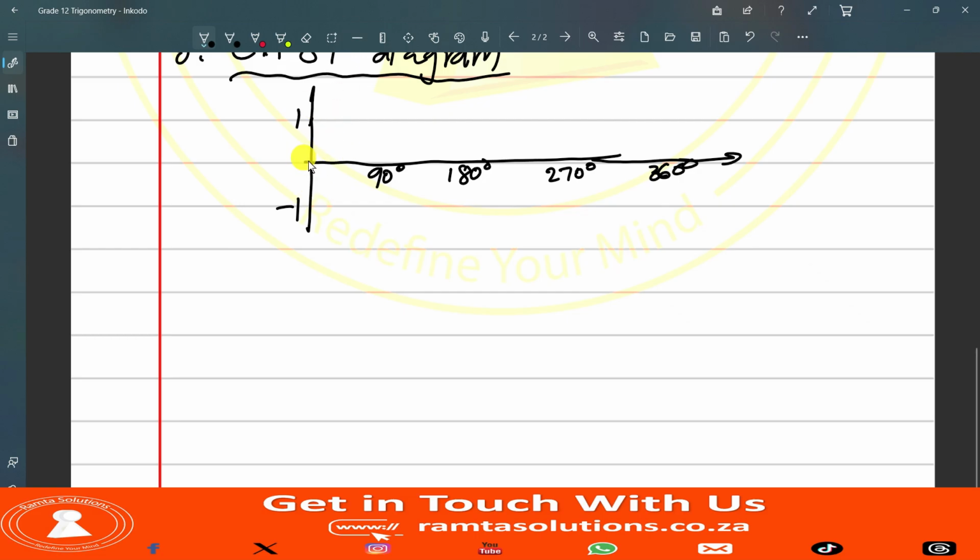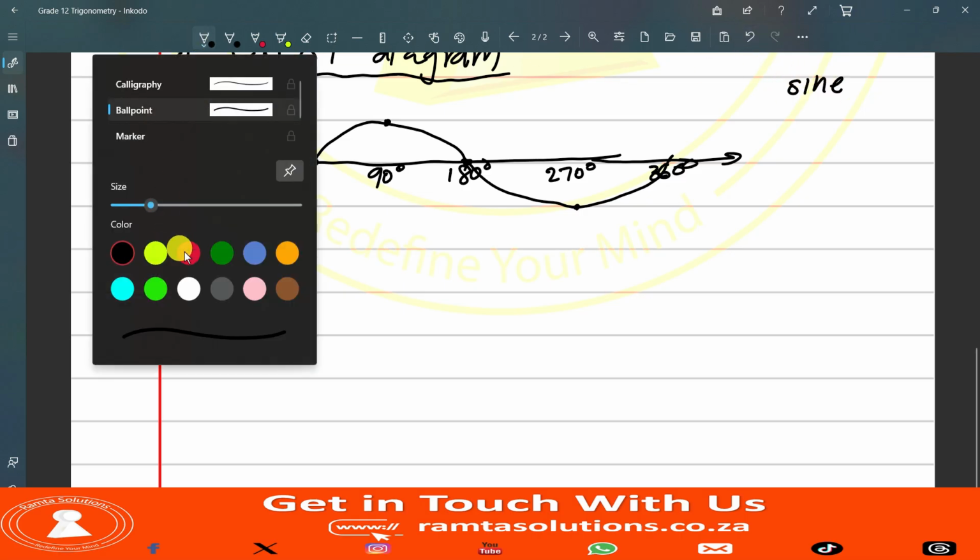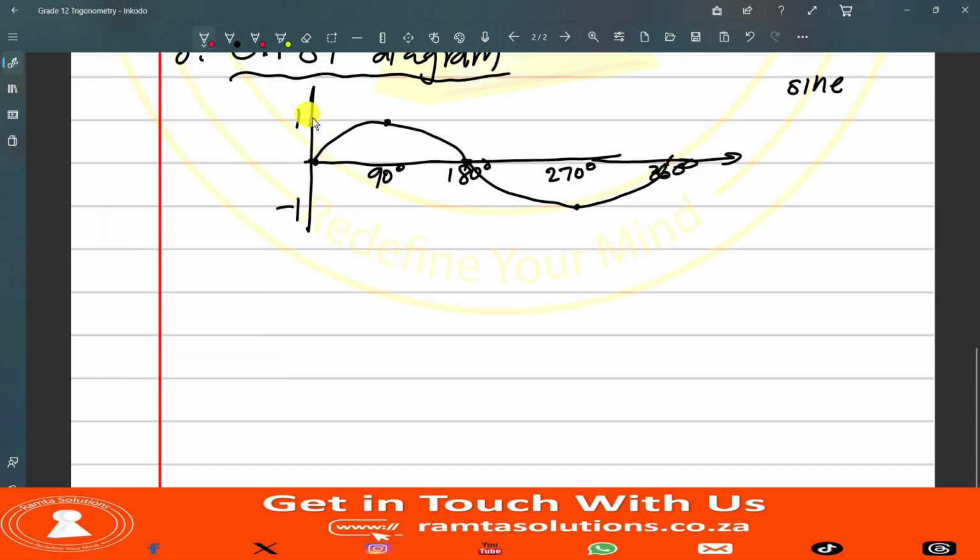I'm going to begin by saying for the sine graph, it is like this. The black one is the sine graph. Let me change colors. The red one will be the cosine. Good.